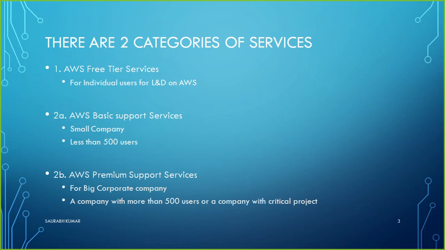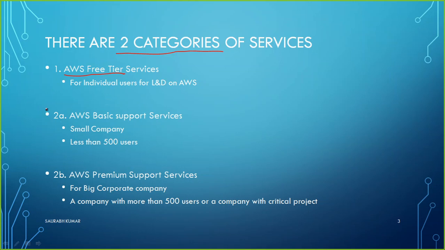So, first of all, we have to understand that when we talk about AWS free tier, there are two categories of AWS service we have. Those two categories are one is for free tier and one is for the paid.